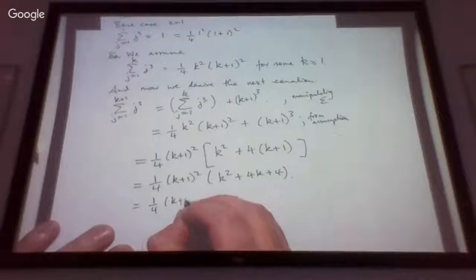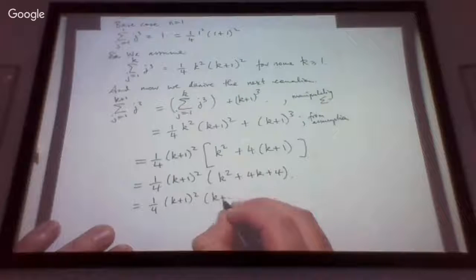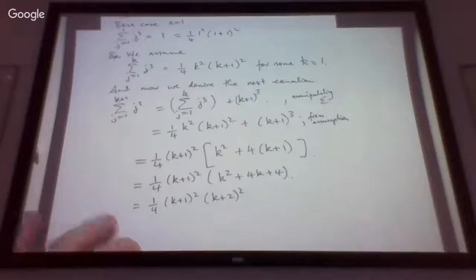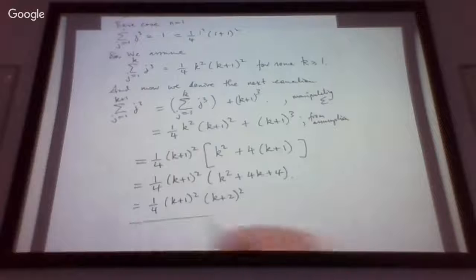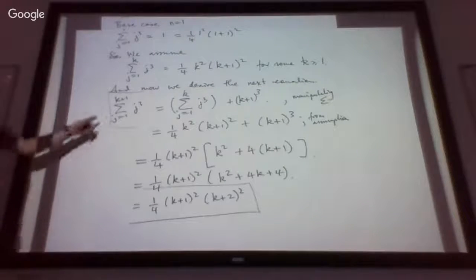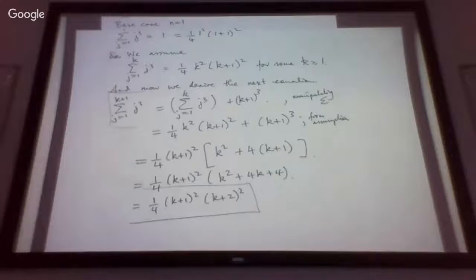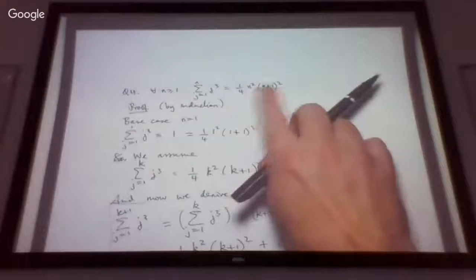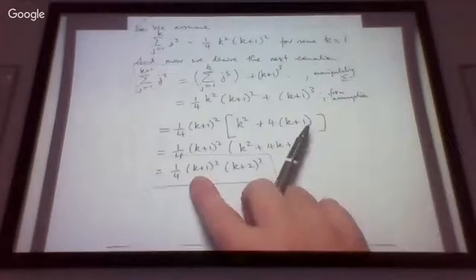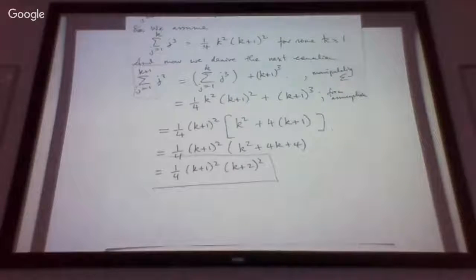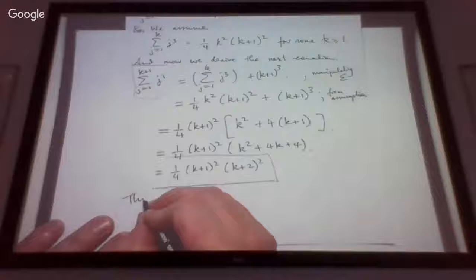So a quarter, k plus 1 squared, times the square of k plus 2. And that, from beginning to end, is exactly the formula when n equals k plus 1, isn't it? Compare it to the formula at the head of the page, replace n with k plus 1, and you get exactly this. So this completes the derivation.